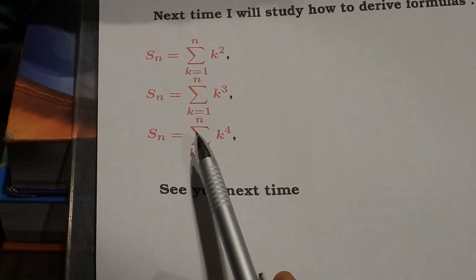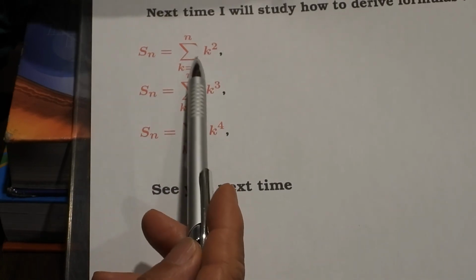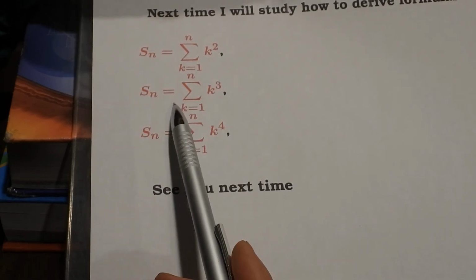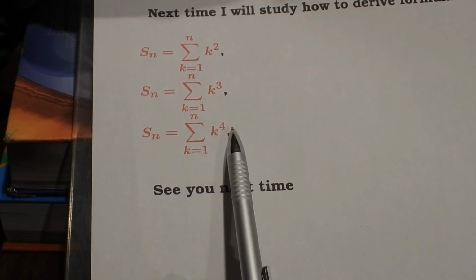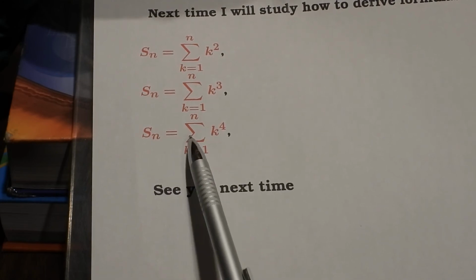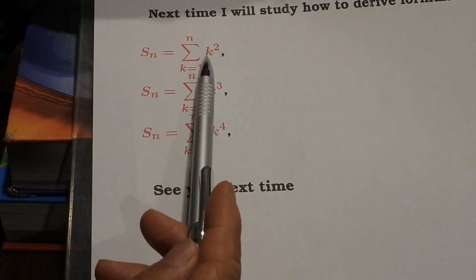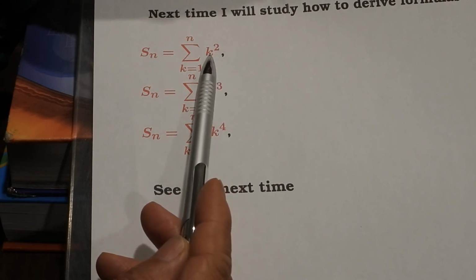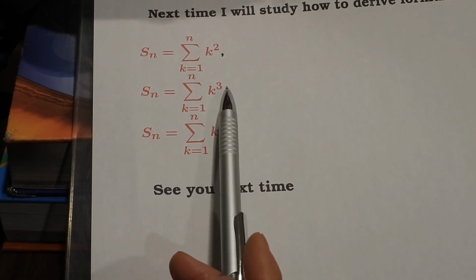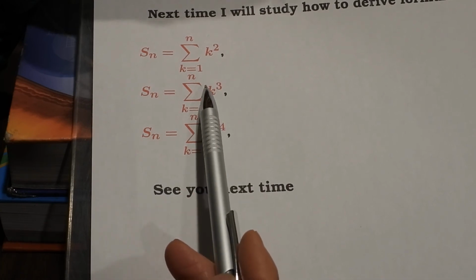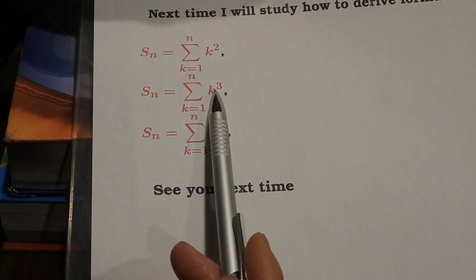Okay? And next time I will study how to derive the formulas for sigma k squared, sigma k cubed, and sigma k to the 4th. Okay? When we have one subsequence, we needed the formula for k squared. If you have 2 more subsequences, then we need a formula for k cubed.